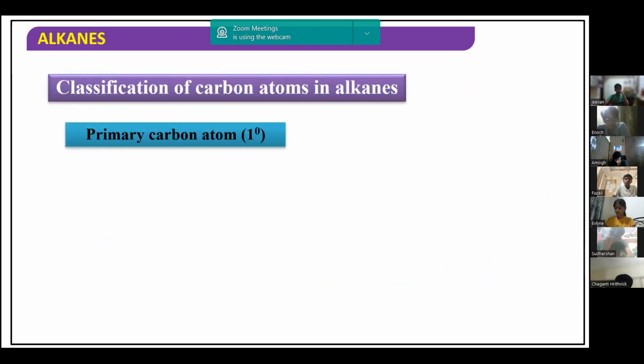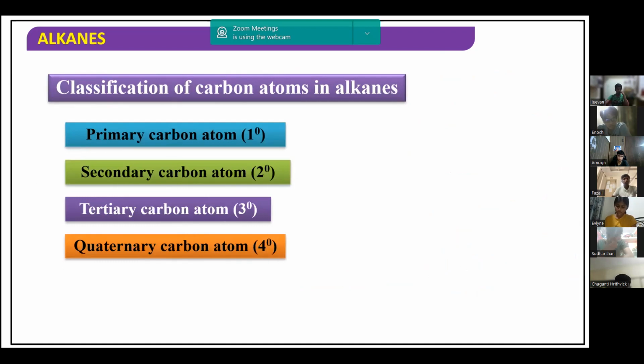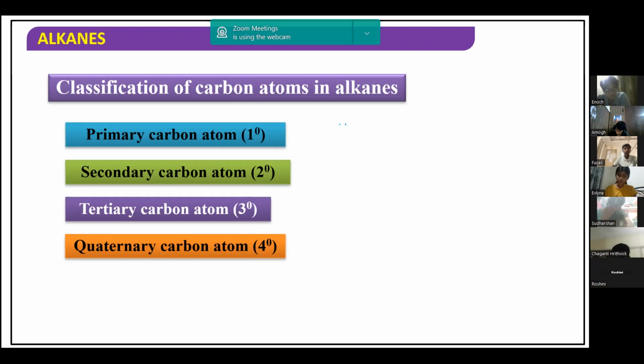So in alkanes especially, we are classifying the type of carbon atoms into 4 different types. One is primary, secondary, tertiary, and quaternary. So primary carbon atom is the carbon atom which is attached with only one other carbon atom.